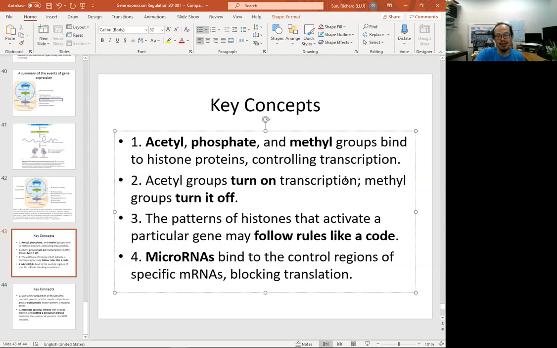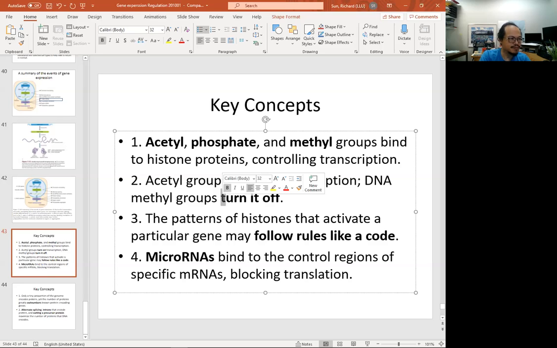Acetylation can turn on transcription. DNA methyl group, especially on the CpG island, can turn it off. So acetylation turns on a gene. Methylation in a CpG turns it off.